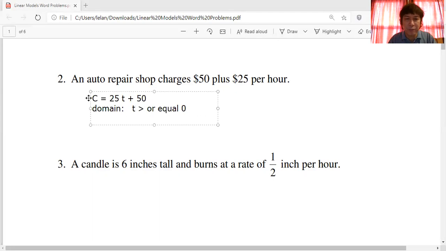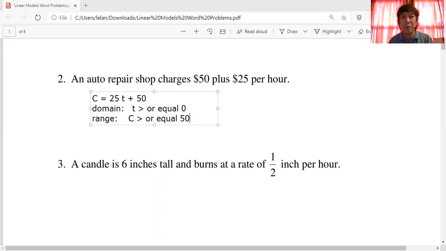And the range: we have the cost, and at time 0, that corresponds to 50. So C may be greater or equal to 50. It can go higher than 50, but it cannot go lower than that, because we will not use a negative time.